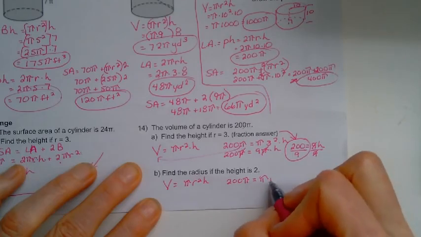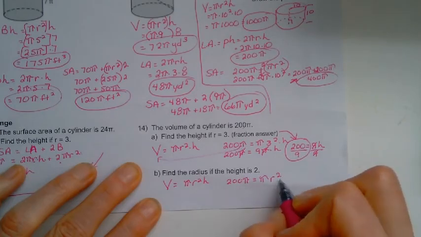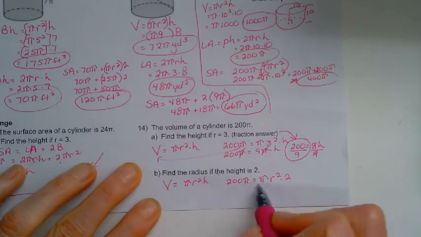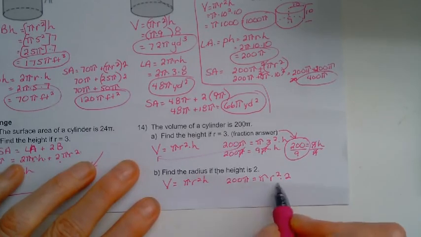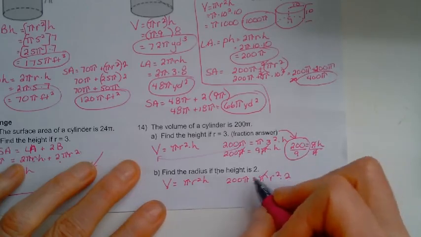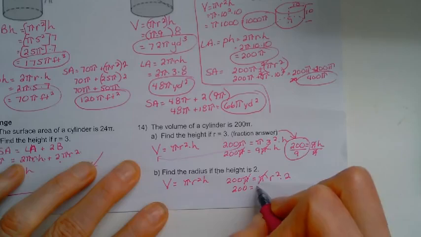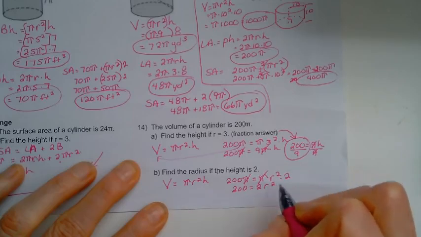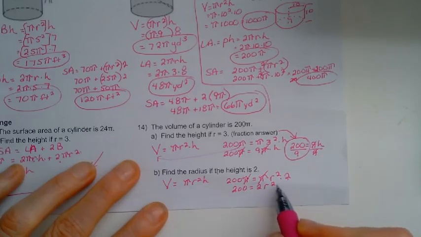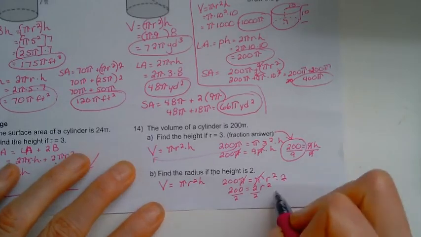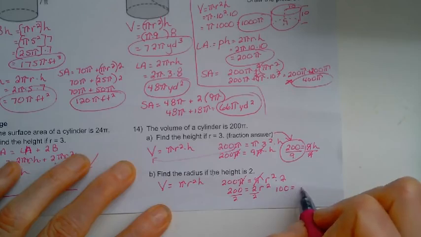We want to find the radius. Okay, pi is on both sides, so we can divide those out, and we get 200 equals 2r squared. Right, 2 times r squared. We want the r squared by itself, so divide by 2. And we get 100 equals r squared. And to get r by itself, take the square root, and we get r equals 10.